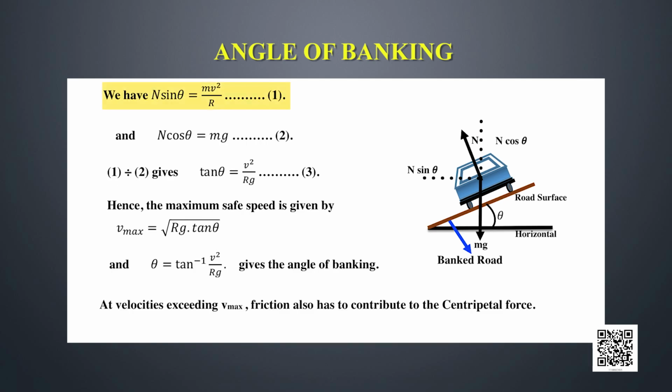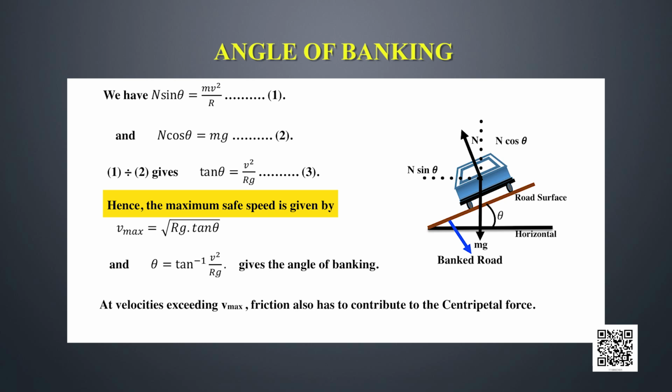So, we can write N sin theta equal to mv square over r and N cos theta equal to the weight mg. Equation 1 divided by 2 leads us to tan theta equal to v square over rg.